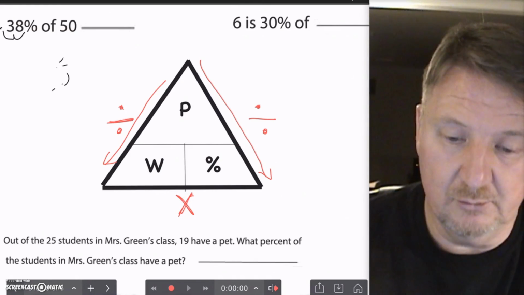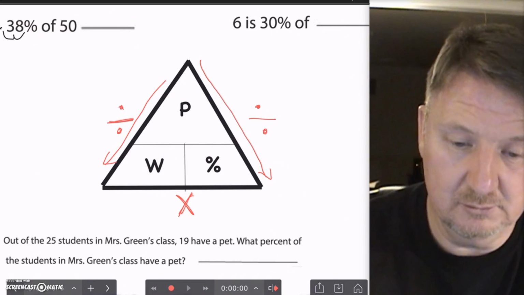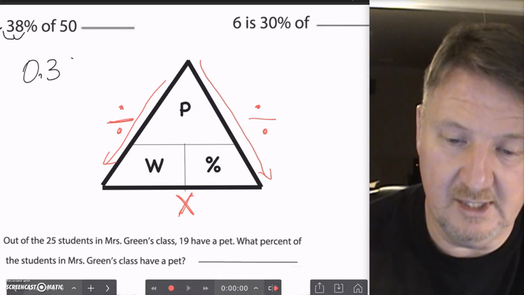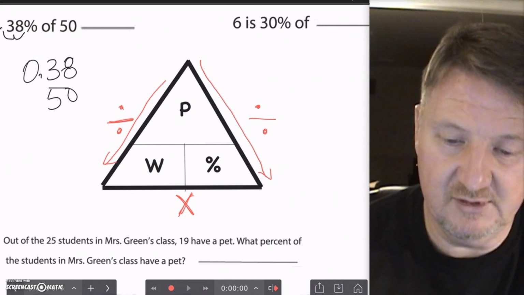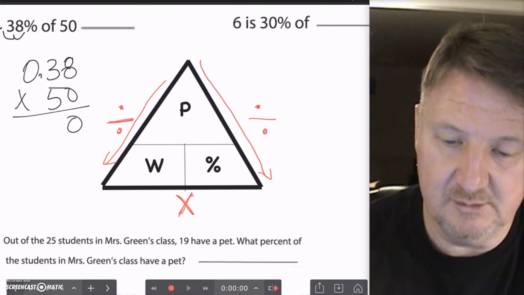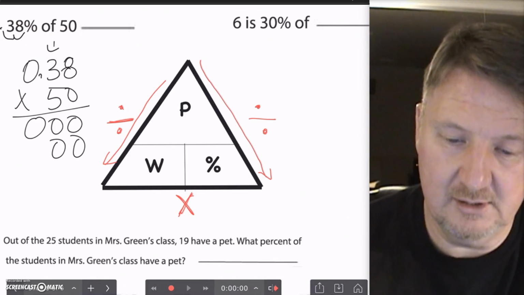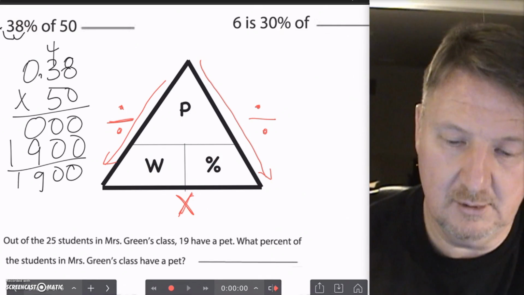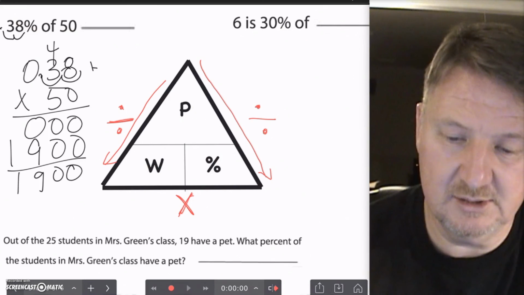All right. So in order to find the part, I just multiply 0.38 times 50. 0 times 8, 0 times 3, 0 times 0. 5 times 8 is 40. 5 times 3 is 15. Plus 4 is 19. I got 2 decimal places.